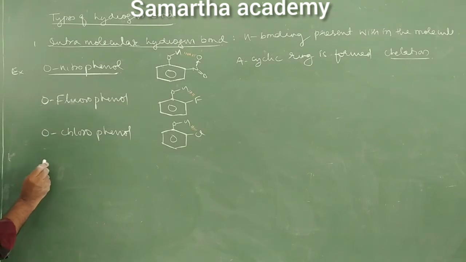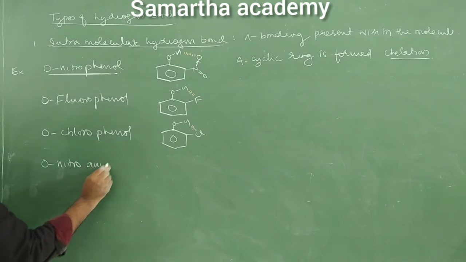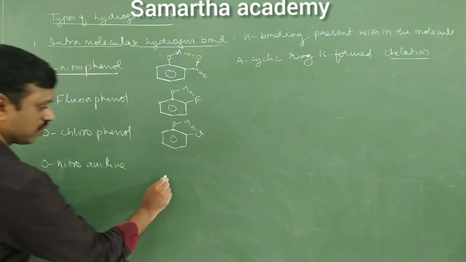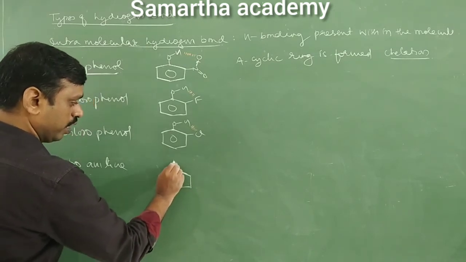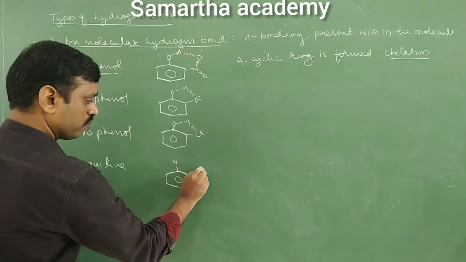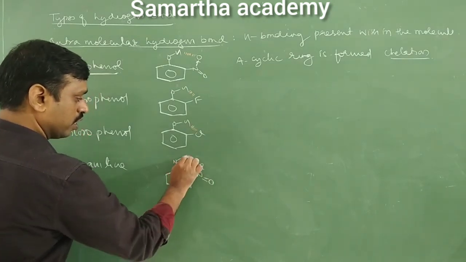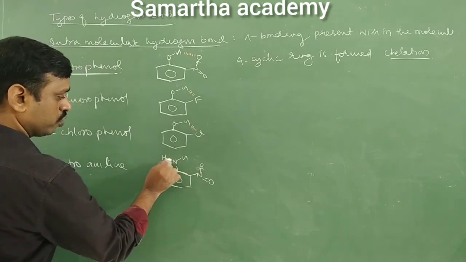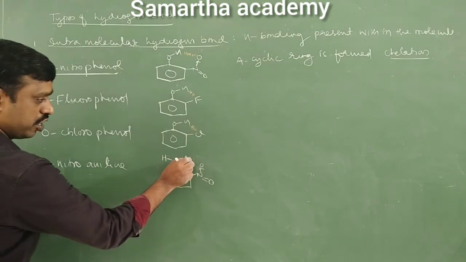Next, orthonitroaniline. What is aniline? NH2. Take the nitro group at the ortho position, and the aniline NH2. Then bonding is present here also.